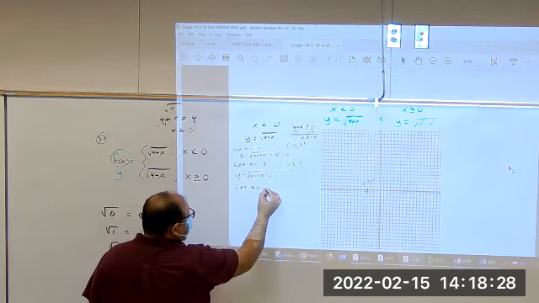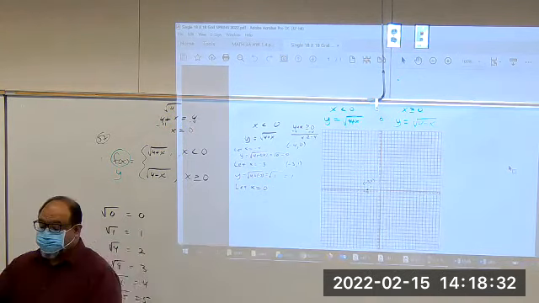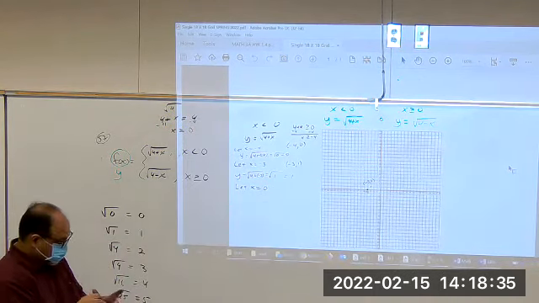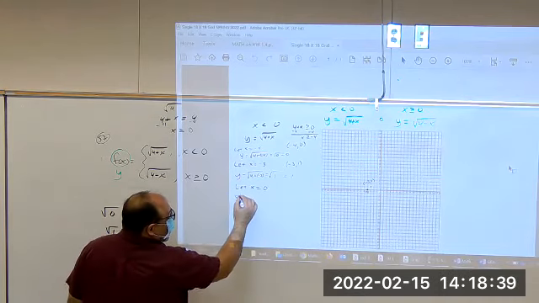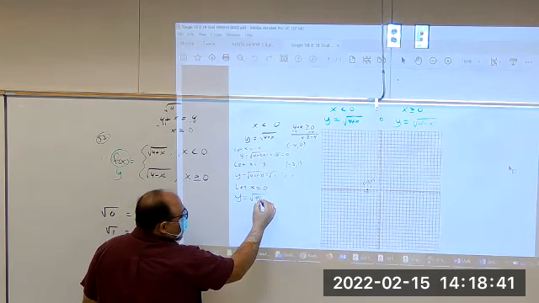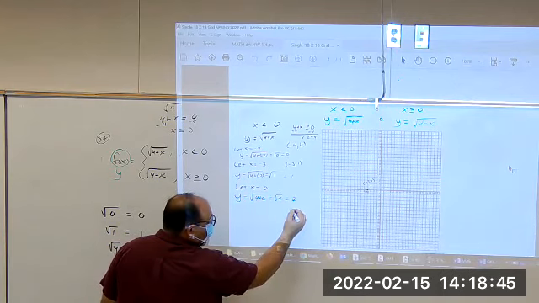Let x, oh, but here's the deal. This is good for only x's that are less than 0, not equal. But y is equal to the square root of 4 plus 0, the square root of 4, which is a positive 2.